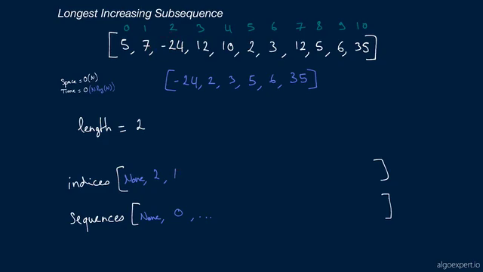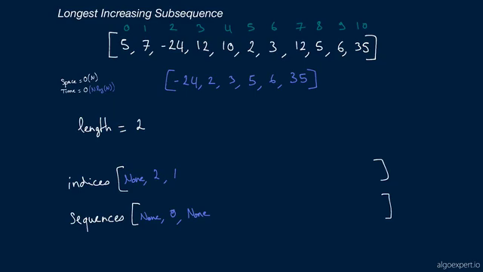Oh, and by the way, I forgot to update here instead of a dot dot dot. Let me erase this a tiny bit. Here instead of dot dot dot, we want to put none, because we're saying at index 2, the thing that comes before it is none. And here the length stays 2 because we didn't come up with a longer subsequence.